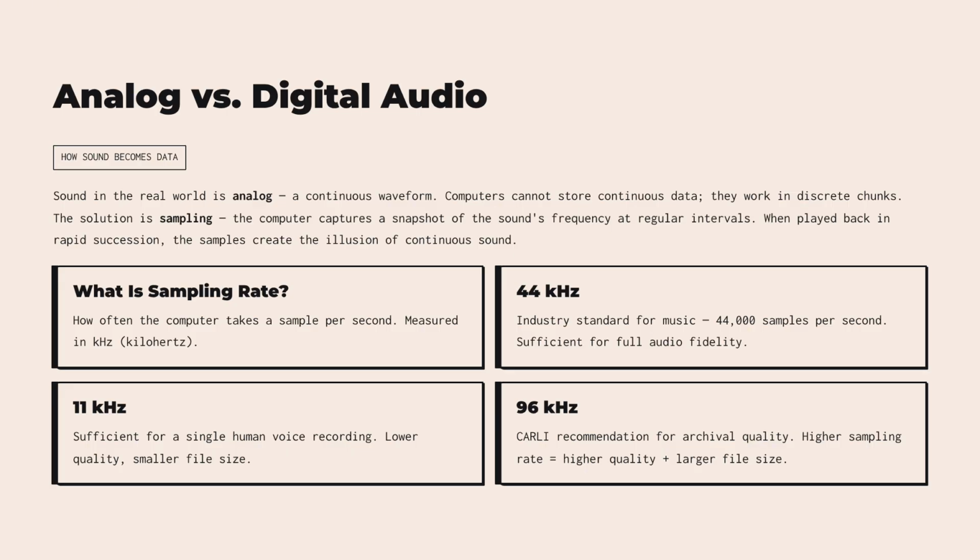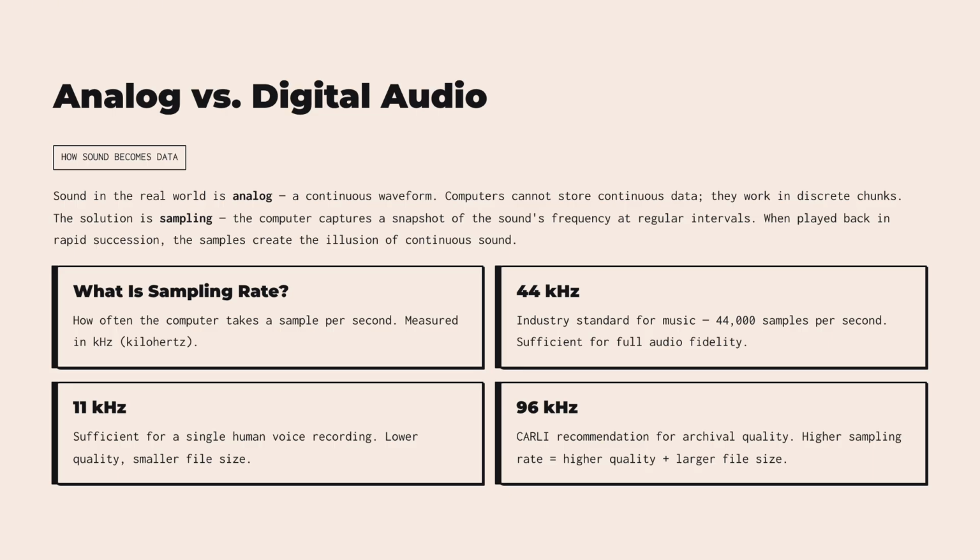The rule of thumb is that the sampling rate needs to be at least twice the highest frequency you want to capture, and human hearing tops out at around 20 kilohertz, so 44.1 kilohertz covers it comfortably. For speech-only recordings, oral histories, interviews, spoken word content, you can get away with much lower sampling rates, around 11 kilohertz, without noticeable quality loss.